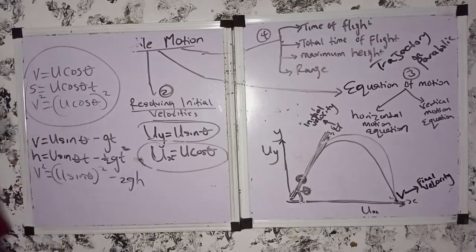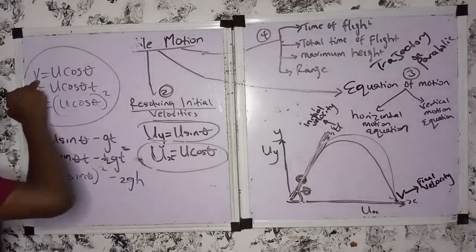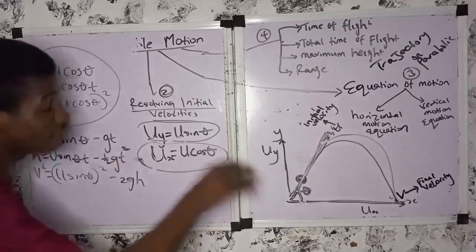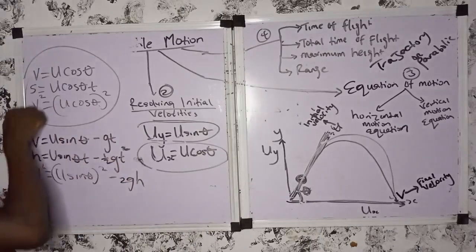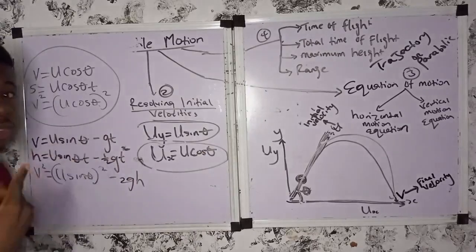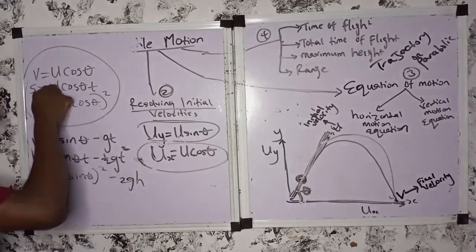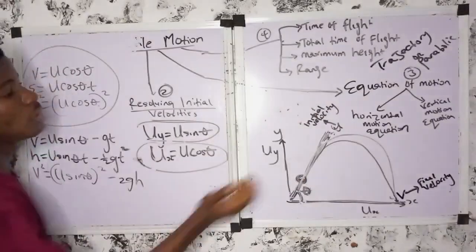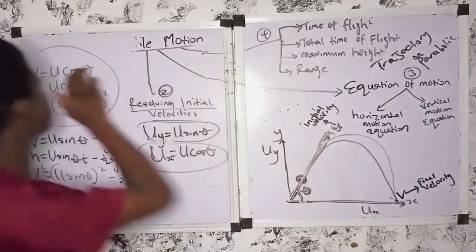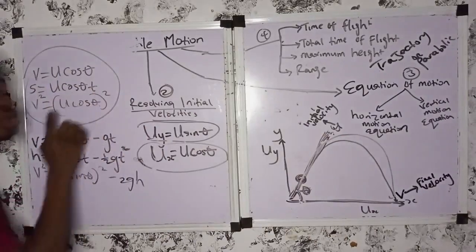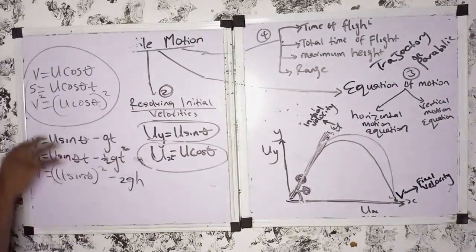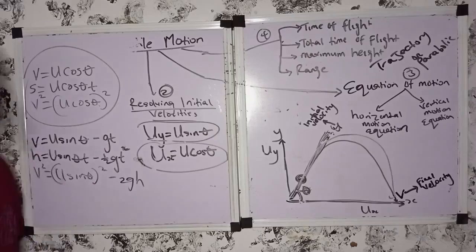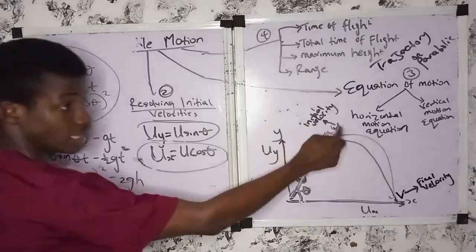Let me recapitulate. This is for the final horizontal velocity. Yes, v is the final horizontal velocity, while this u is the initial velocity. When we resolve to the x-axis, it now carries what? Cos theta. Then this other part, this v, is what? The final vertical velocity. Why is this u still this u here?